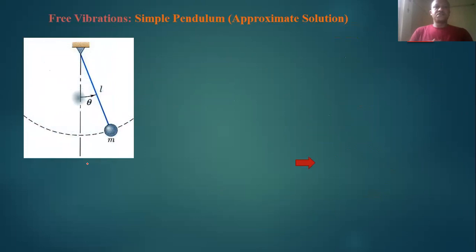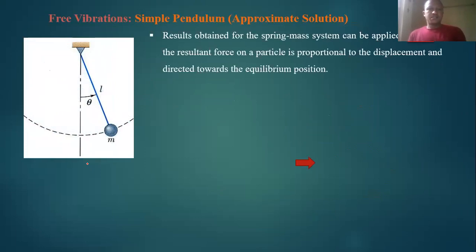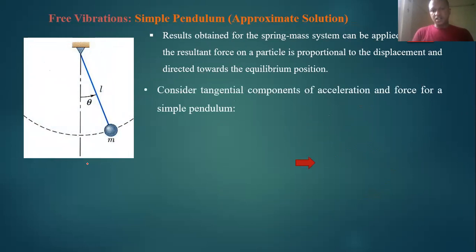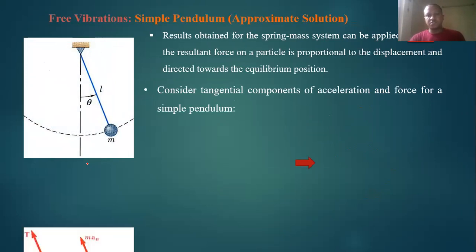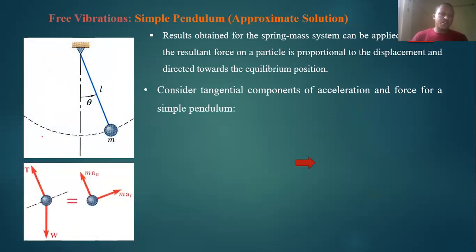Again, free vibration for the simple pendulum case. The simple pendulum is also a special case of free vibration approximation. Here we have a frictionless attachment, a weightless cord, and only the ball has mass.